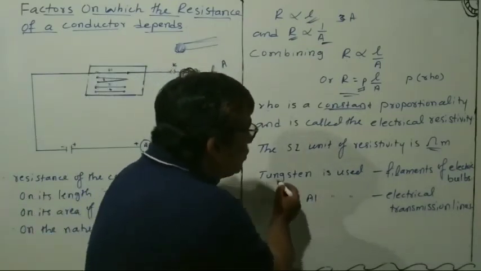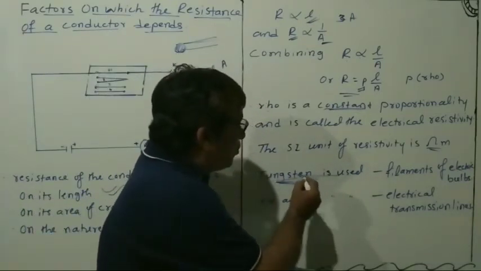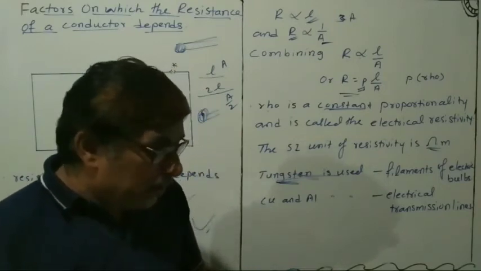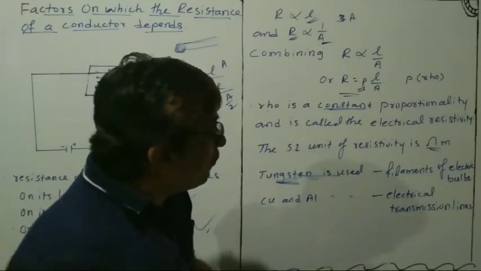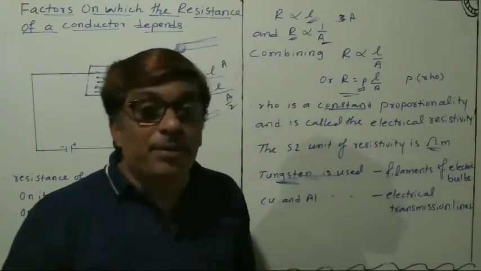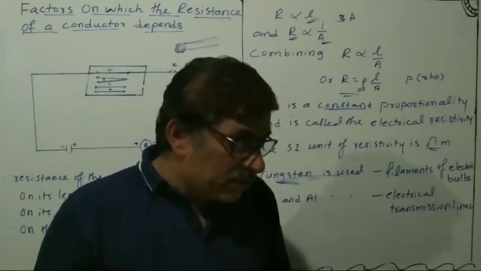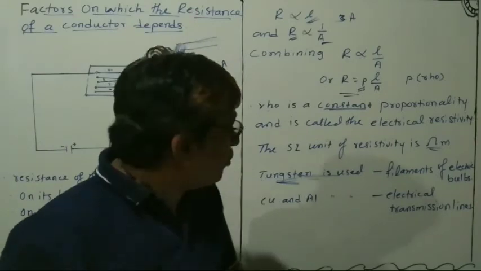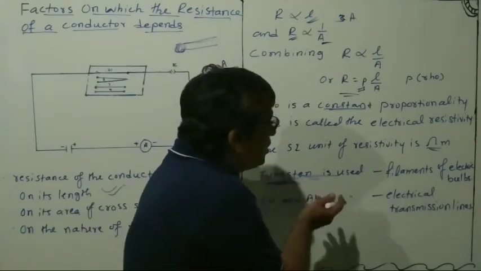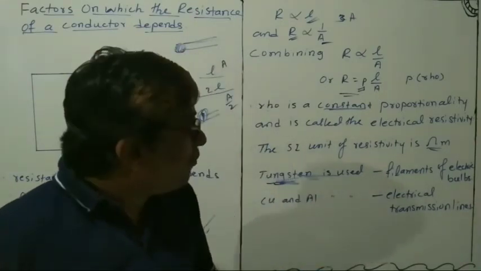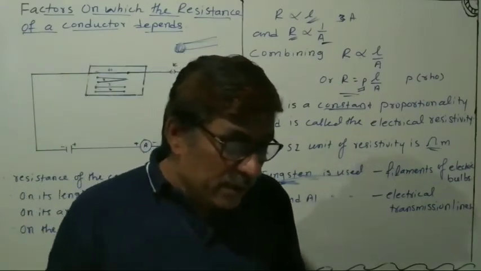Tungsten is used exclusively for the filaments of electric bulbs. Sometimes the question is asked: for the filaments of electric bulbs, what will be used? You have to say tungsten.